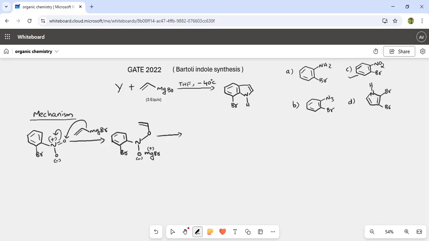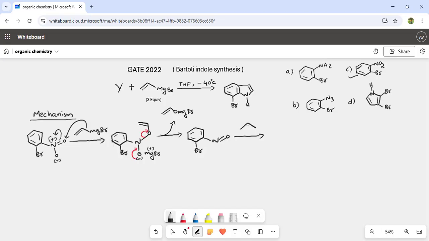In the next step, the negative charge on the oxygen shifts here so that this bond breaks and vinyl oxymagnesium bromide is eliminated. We can write the structure of the remaining molecule. So 2-bromonitrosobenzene is formed.